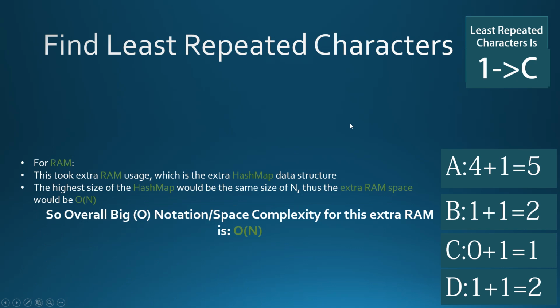The highest size for this hash map, which is the worst case scenario, is going to be the same size of n. Therefore, the extra RAM space complexity would be O of n. So the overall space complexity, or big O notation, for that extra RAM would be O of n. That's for RAM, that's for the extra RAM, that's for the space complexity.